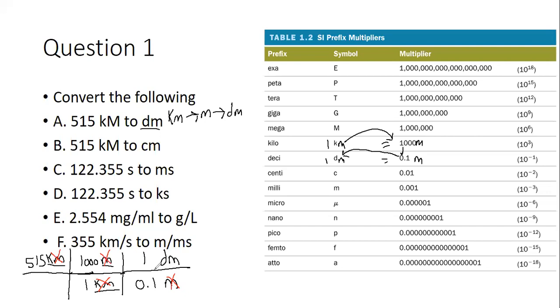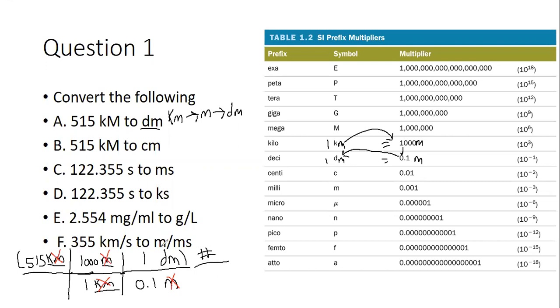And the way to do this with the train track method set up, you take the top numbers and you multiply them together. So in your calculator, you're going to do 515 times 1,000 times 1. Now I'd hit enter at that point. Then whatever number you get at the top, you need to divide it by your numbers at the bottom.